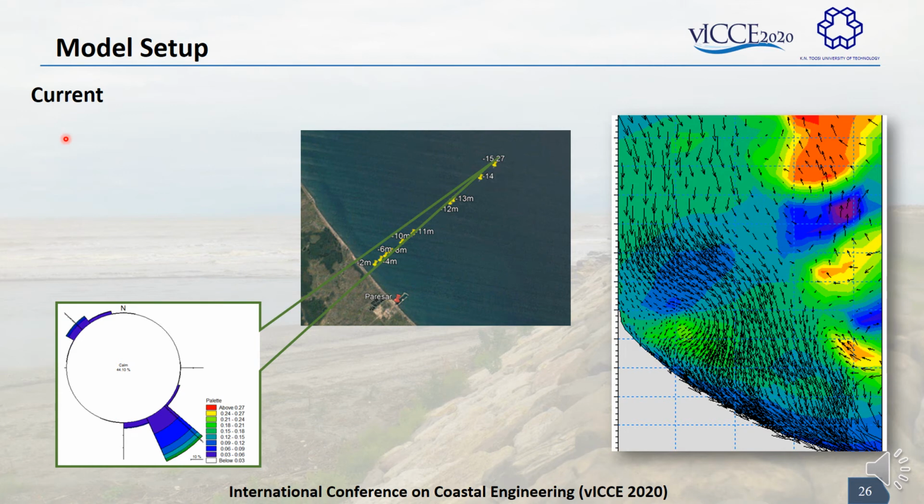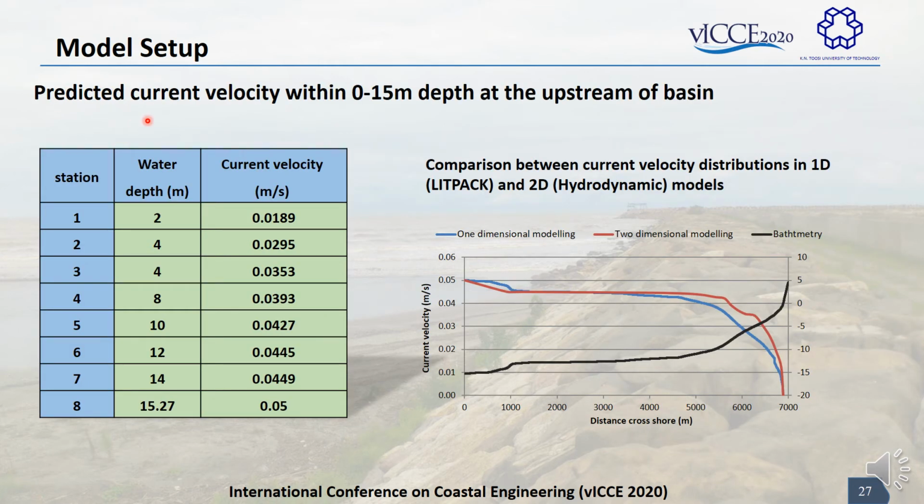Okay, here you can see current direction, which is in the same direction as the wave. And here the comparison between current velocity distribution in the one-dimensional model and two-dimensional model indicates they are closely matched. The red one is the two-dimensional output, and the blue one is the one-dimensional output.